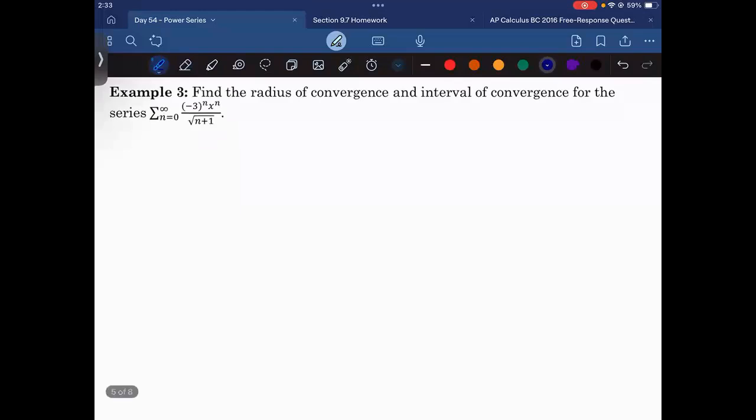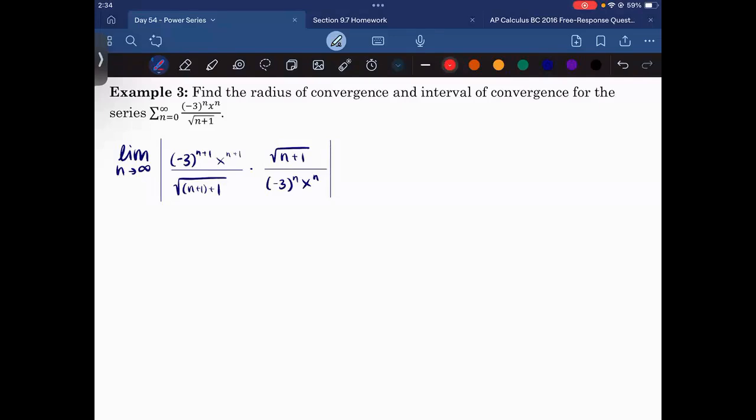Let's do example 3. Again, do the ratio test. And once we start doing these, we get really good at recognizing the lovely things that are going to cancel.